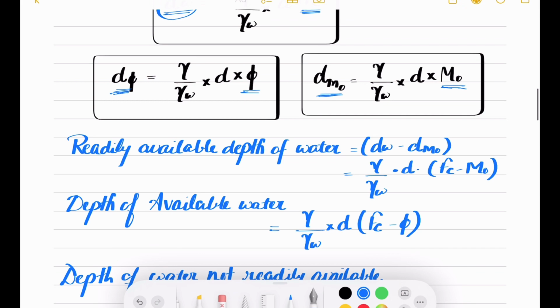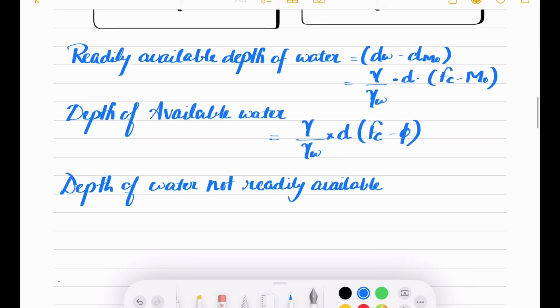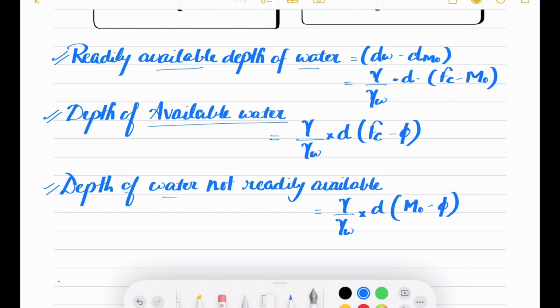In terms of depth, we have dm naught minus d phi, right? So this will be gamma by gamma W into d into m naught minus phi. Okay, so these are the three main expressions that can be derived through this. That is the depth of water that is readily available, depth of available water content, and depth of water that is not readily available. All right, these are the three expressions that we can derive from here.